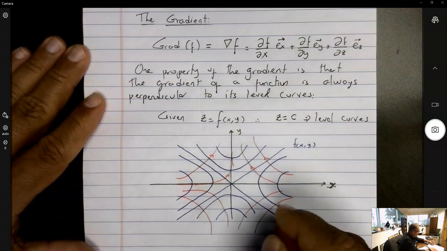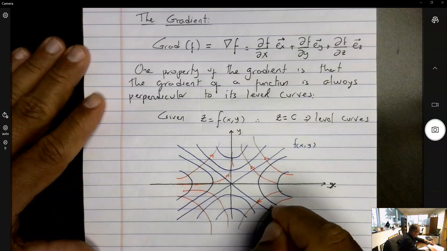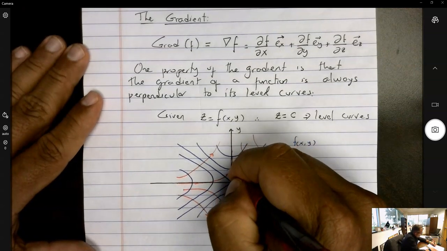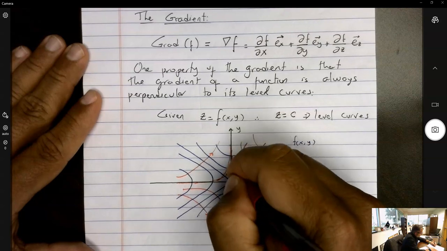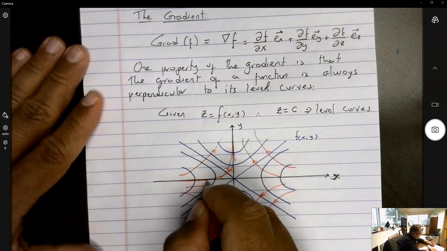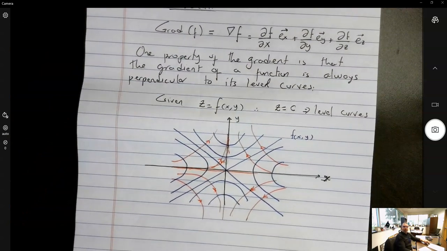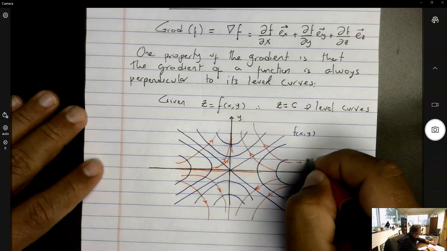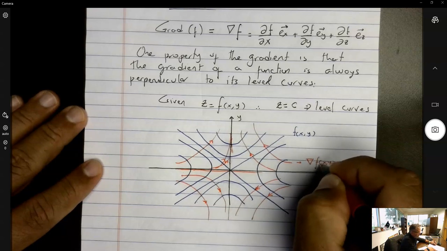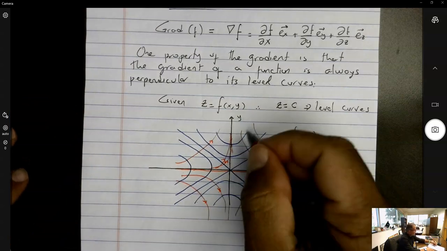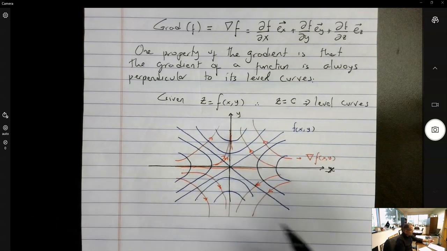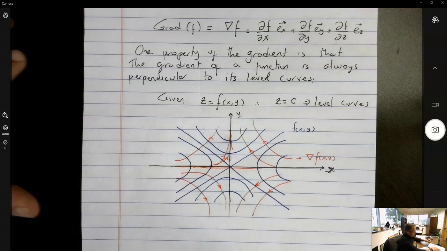Maybe up, maybe down, depending on what the vector field looks like. Remember the gradient of f is a vector field, and the vector field has vectors, and therefore they have directions, not only magnitudes. So at every point you have a vector pointing in a specific direction that is perpendicular to the blue line with a specific magnitude.